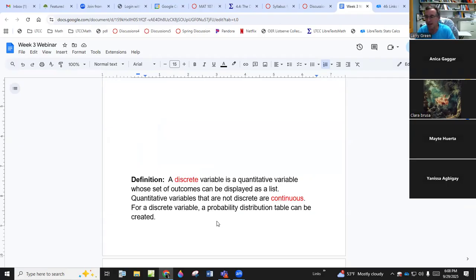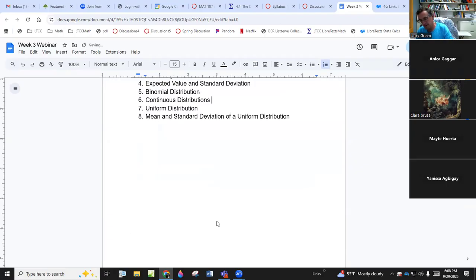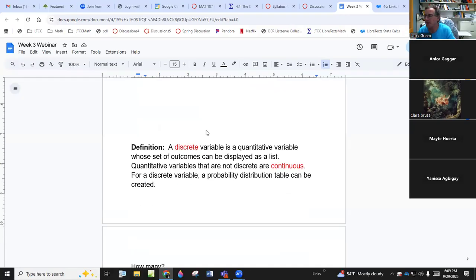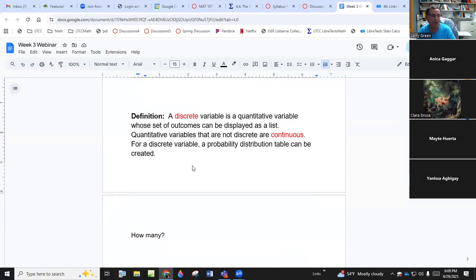You can make a table where the rows are all the possible outcomes, or you can do columns. That depends on how much space you have on your paper, but basically you can list the outcomes. Does that make sense? And I'll give you lots of examples. You'll see them. So we'll see the difference, but it's really important you get that down so you know what type of thing you need to do with them.